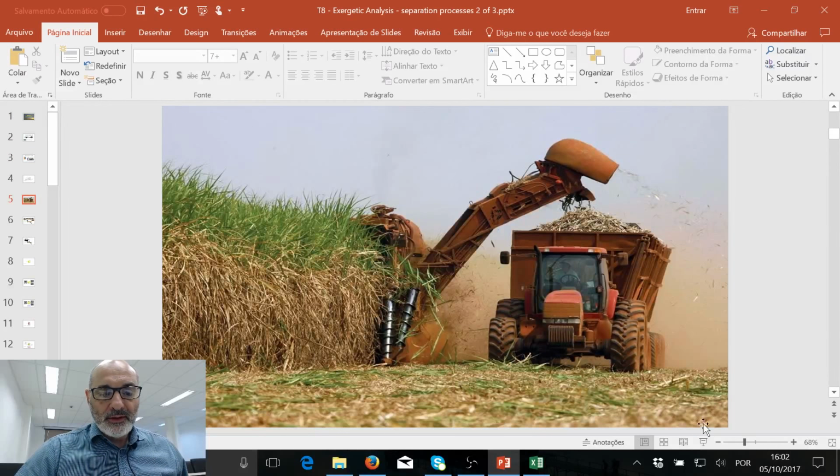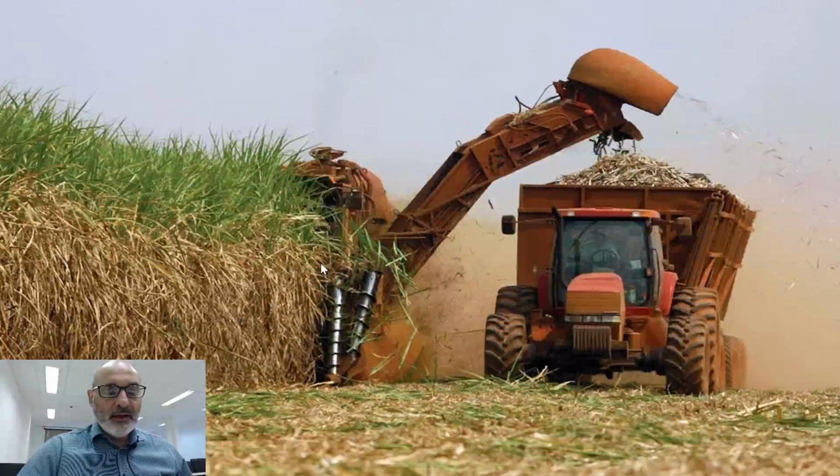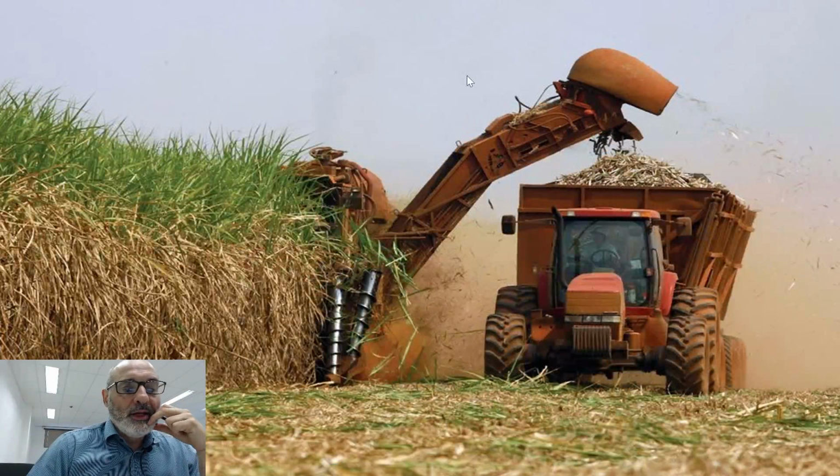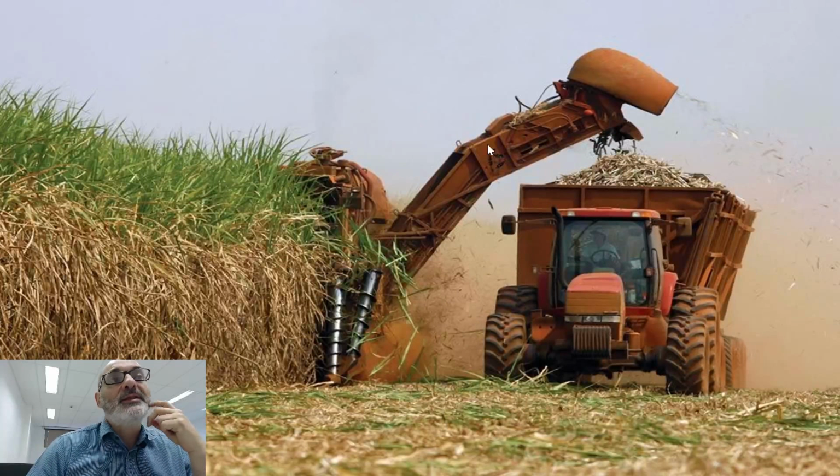And yeah, this one. You can think of this process, because this is a separation process. The separation is taking place inside the harvesting machine. It's a pneumatic separation process, and you spend energy. And the energy for this process comes from the fuel.